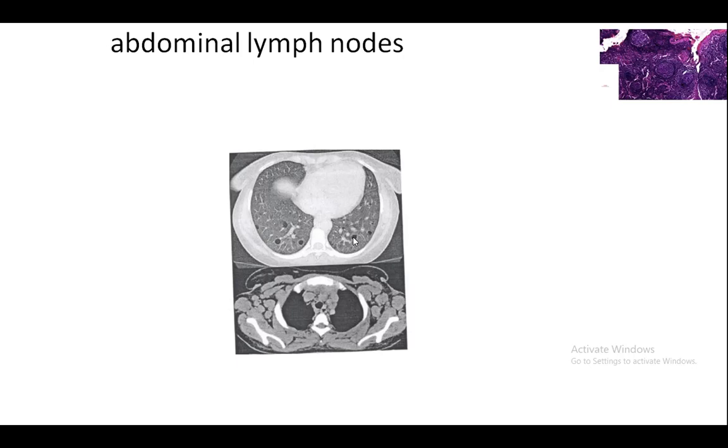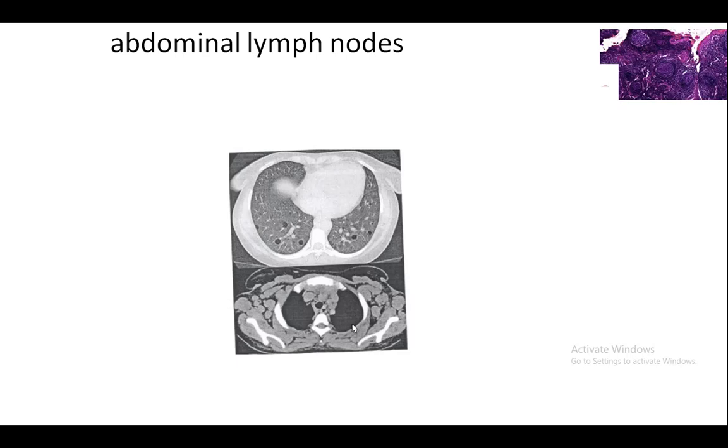Here in the lungs, you see that there are some nodular lesions, but you can see that it's an air filled sac in the lung. And then in the abdomen, we see a number of lymph nodes. So they had generalized lymphadenopathy, and this also extended to the internal organs.